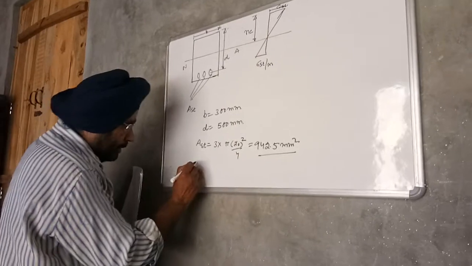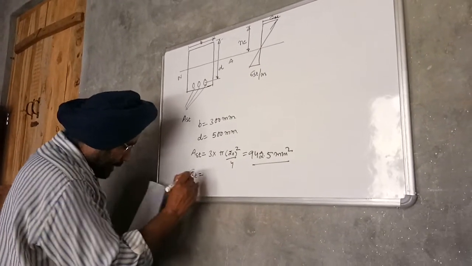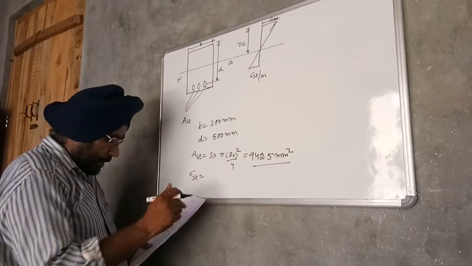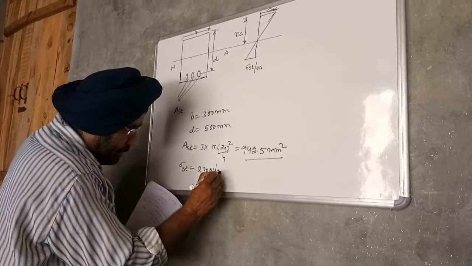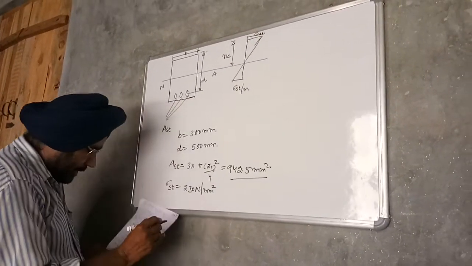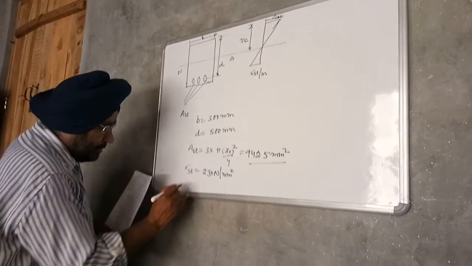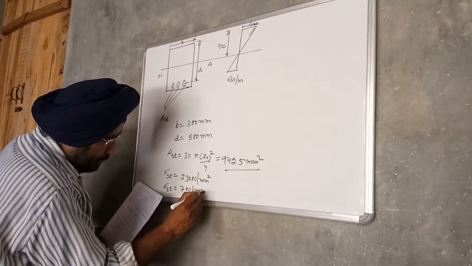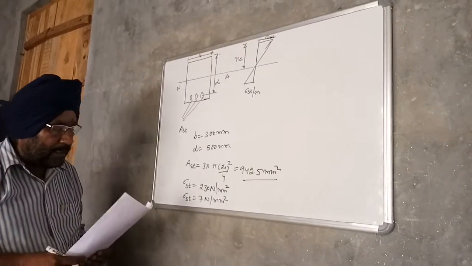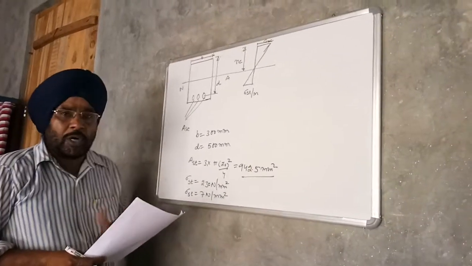So sigma ST, the permissible tensile stress in steel, its value is 230 Newton per square millimeter, and sigma CBC its value is 7 Newton per square millimeter. In the question, steel used is Fe 415 grade.